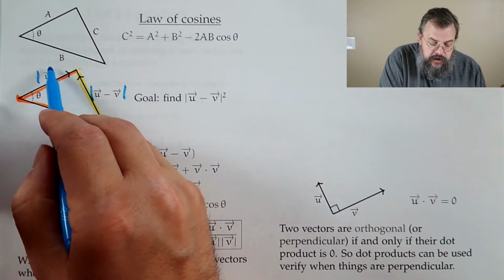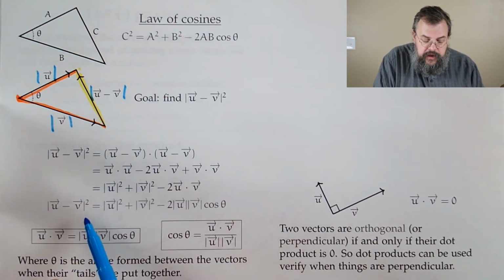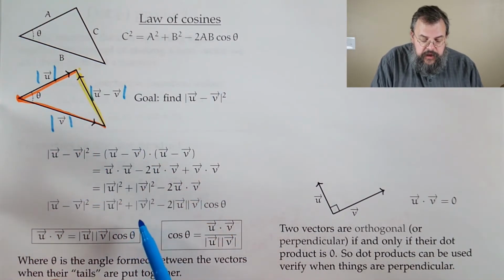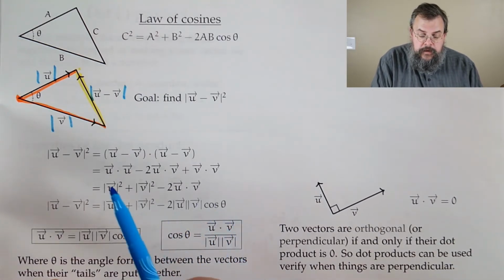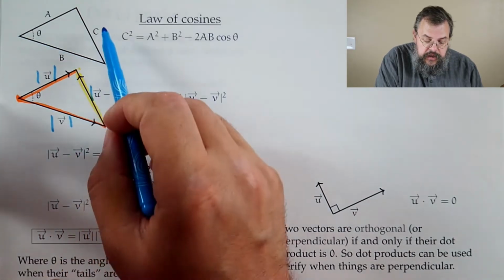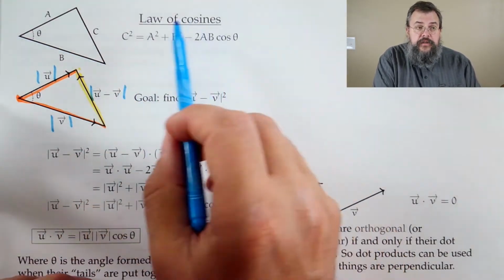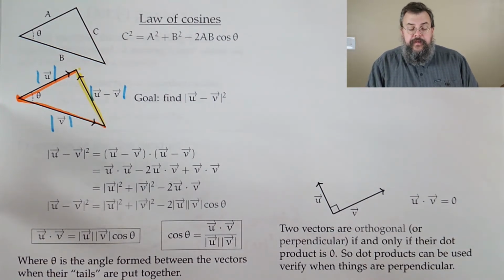And so what we can say is that the magnitude of u minus v squared is the magnitude of u squared plus the magnitude of v squared minus 2 magnitude of u magnitude of v cosine theta. What we're doing is we're just thinking, well, here's A, there's B, and there's C, and applying the law of cosines. Just straight up law of cosines, nothing else.